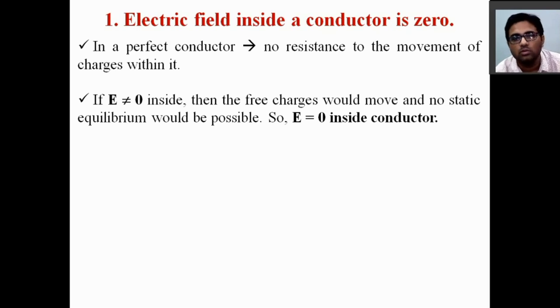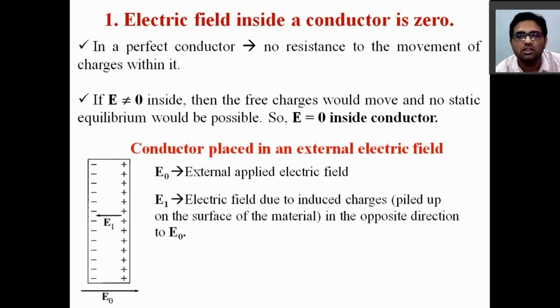Now, if a conductor is placed in an external electric field, let's understand how the electric field inside the conductor is modified. Due to the presence of the external field, positive charge piles up on the right side surface of the material and negative charges pile up on the left surface.